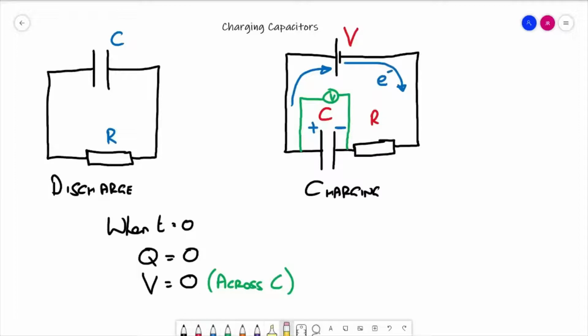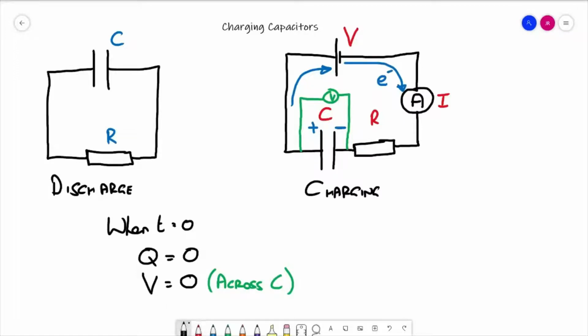The last thing that we need to have a look at is the current. So let's just put an ammeter there, of course, in series, in order to measure the current. Well, at first, because the capacitor isn't holding any charge and the potential difference across it is 0, you can almost ignore the capacitor, and all you've got is a basic series circuit with a source and just that one resistor in there.